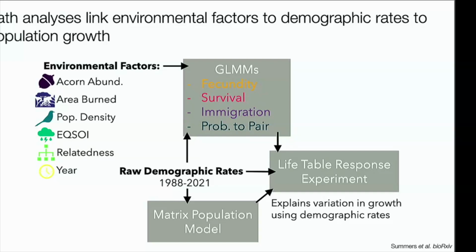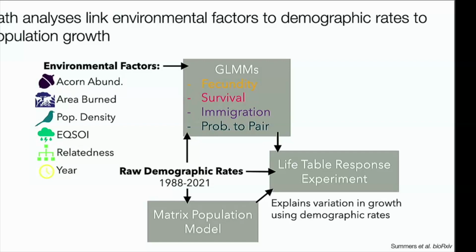EQSOI is the Equatorial Southern Oscillation Index, so it's our big measure of climatic variation. And then we also looked at relatedness or inbreeding coefficients, and then year to look for any other temporal factors that we don't explicitly consider.